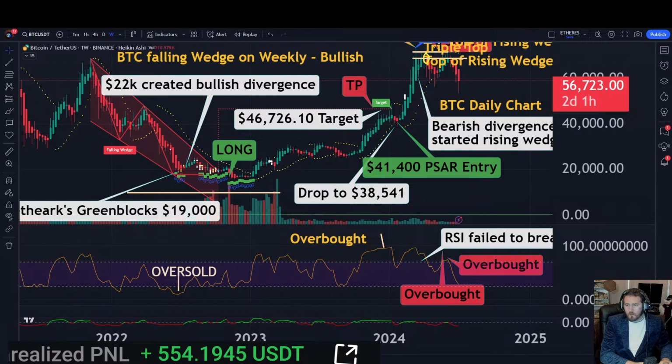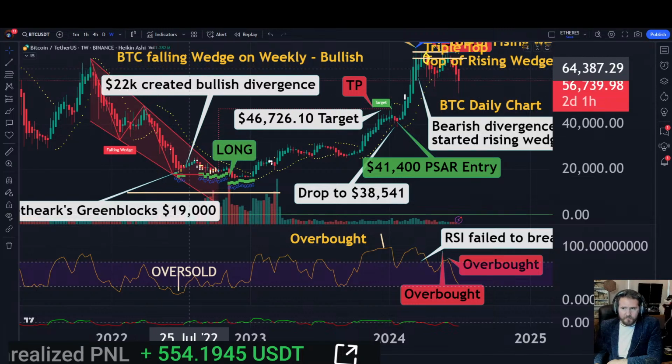So this is the falling wedge on the weekly BTC chart. And this is a very powerful indicator that you can use for teaching you when to accumulate. I challenge you guys for homework today. Go out and make like 5 charts using falling wedge and rising wedge and come up with a trading strategy.